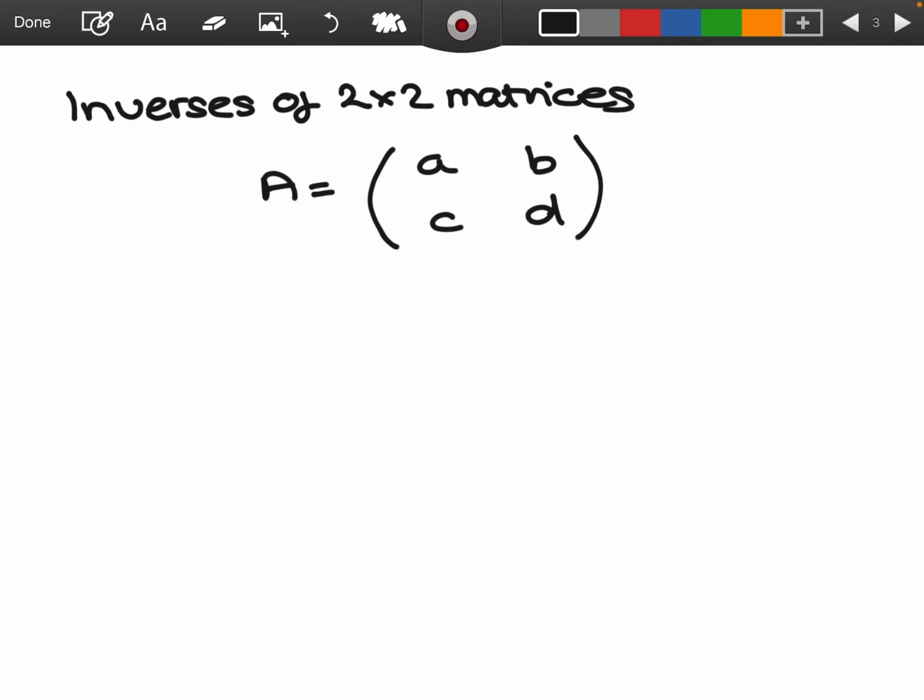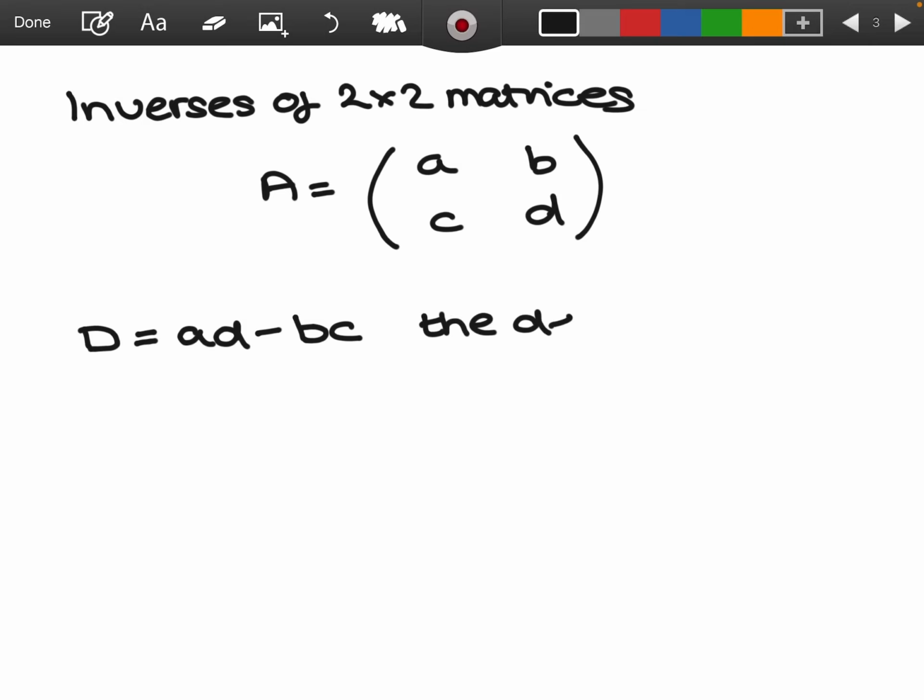So let's say I've got a matrix A that is a 2 by 2 matrix. So I'm just going to put in a, b, c, and d as whatever my values are in my entries in my matrix. I'm going to define this value D, and D is going to be defined as ad minus bc.